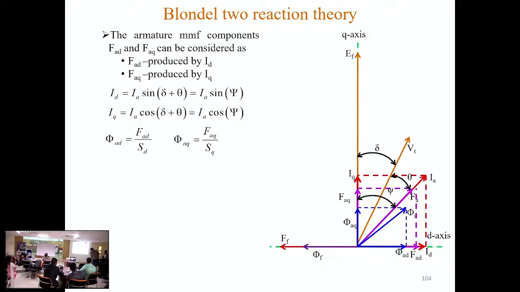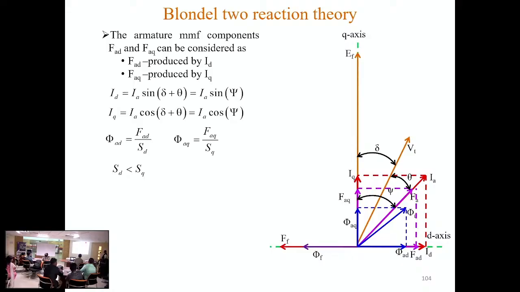So what is this SD and SQ? SD is the reluctance along D axis, SQ is the reluctance along Q axis. Now here SD is less than SQ because their air gap length is different. Along D axis air gap length is less, along Q axis air gap length is more.